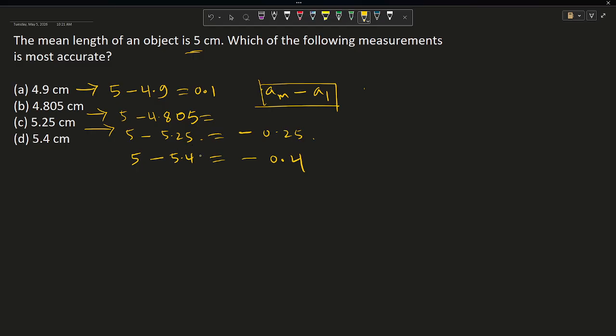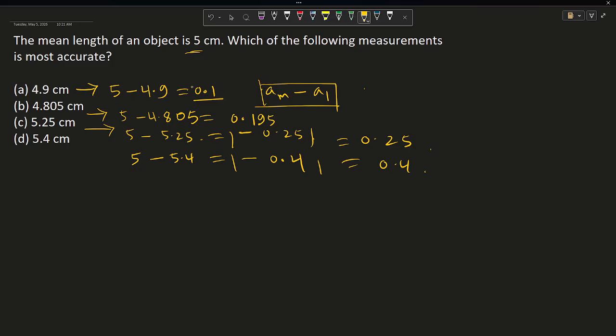Now take only the magnitudes, so 0.25, 0.4, and this one 0.195. Now check which one has the least value.